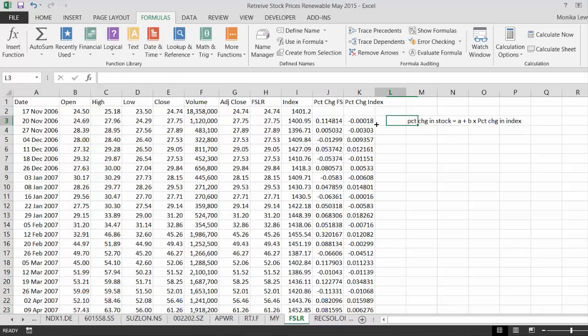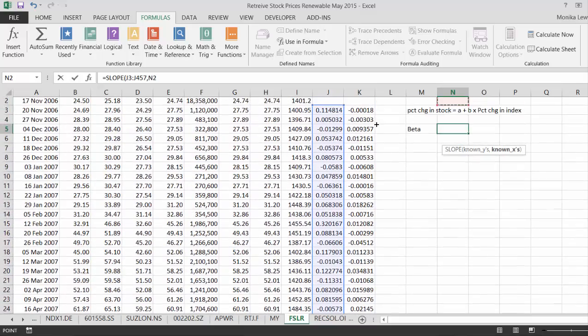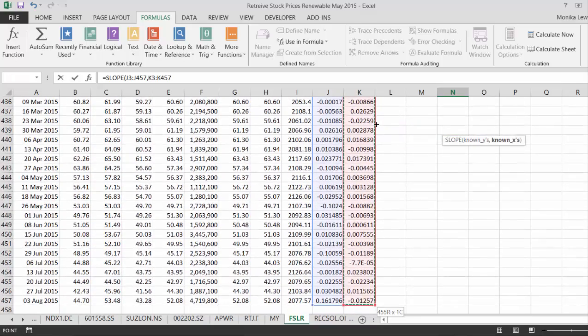So to get the beta, now you can do it for different lengths of time. I'm going to do it for the entire length. So the beta is just the slope. So you can just put slope, and you put known y's, and then known x's.